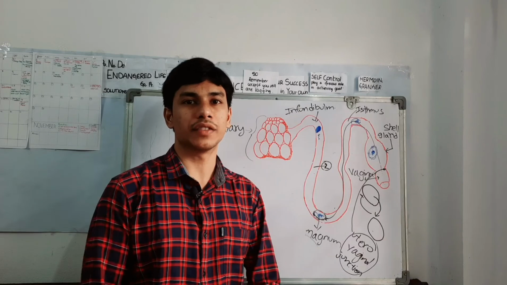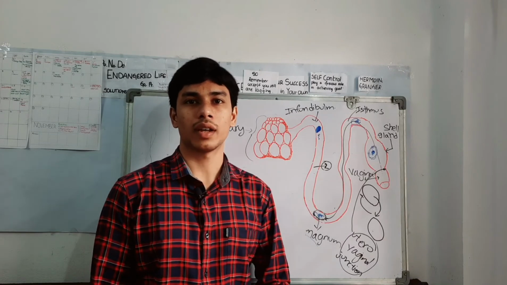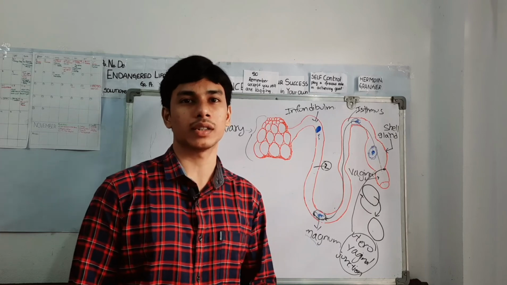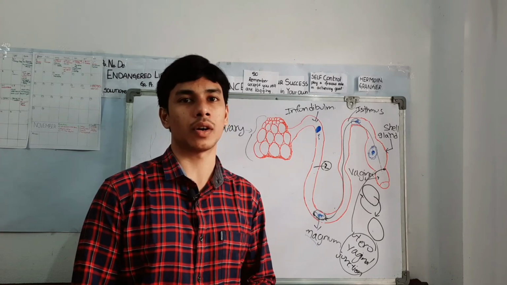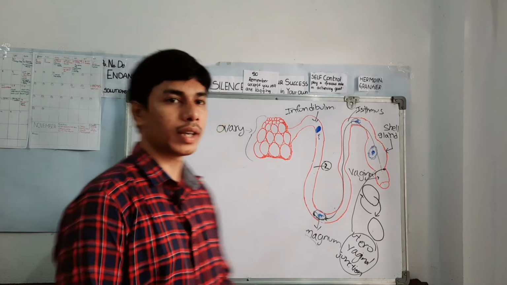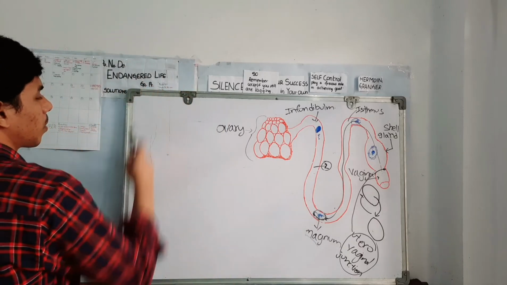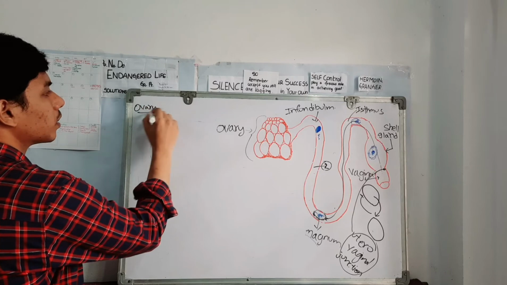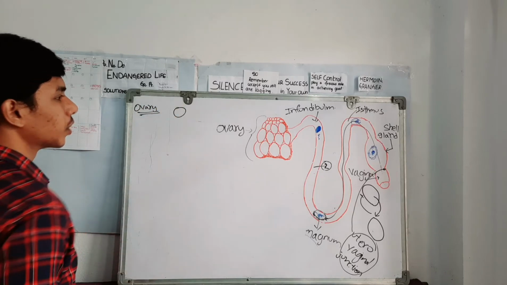Let's summarize the function of the organs. In which organ which part of the egg is formed. Okay, let's summarize. In the ovary, yolk is formed.